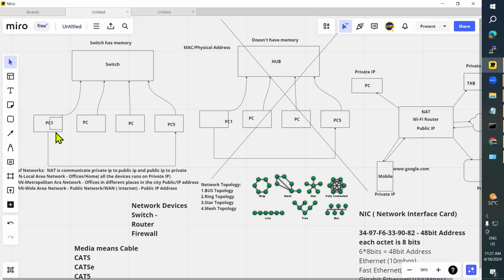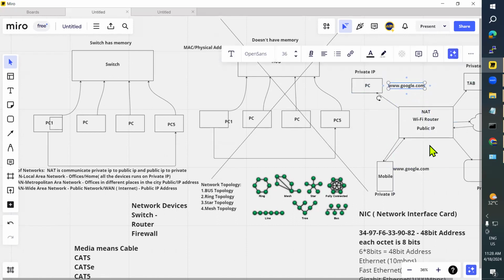Next, wireless access points, which we call Wi-Fi. It is a hardware device that centralizes communication between wireless and wired devices within a LAN. In wireless also, the functioning is the same. If you type google.com on a wired device or a Wi-Fi device, the request goes to the Wi-Fi router.